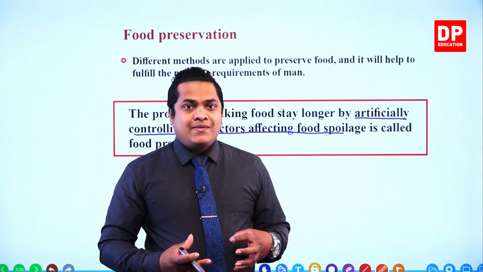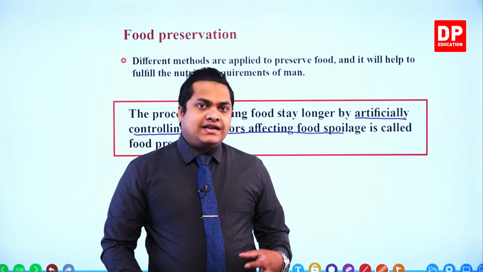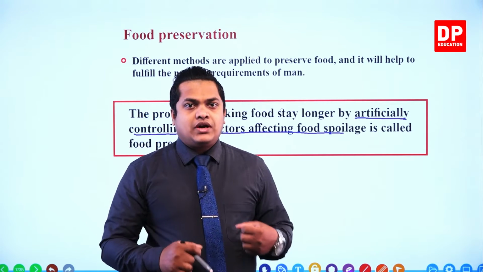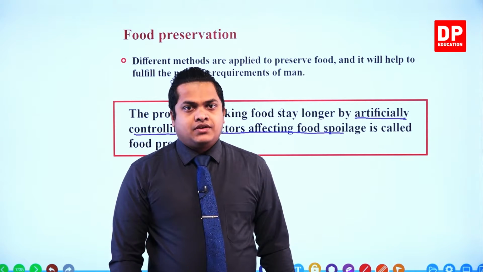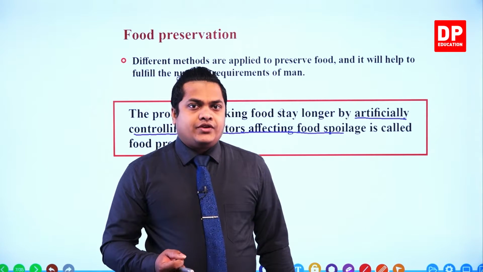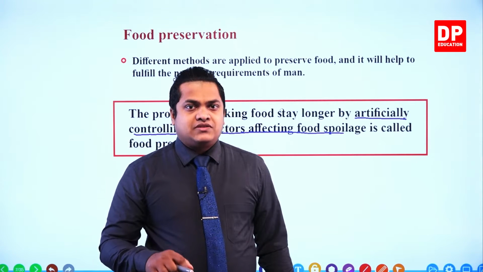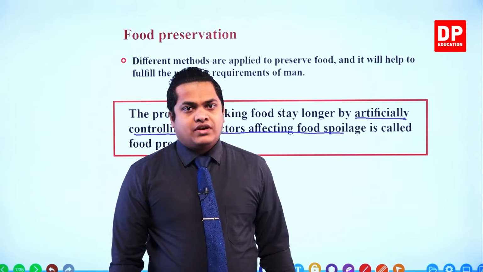We are inhibiting the growth of microorganisms on food. By that way, we can keep that food for a longer time period. So food preservation means here we are going to save food by making unfavorable conditions for the growth of microorganisms.